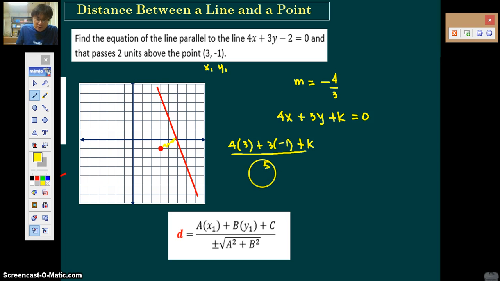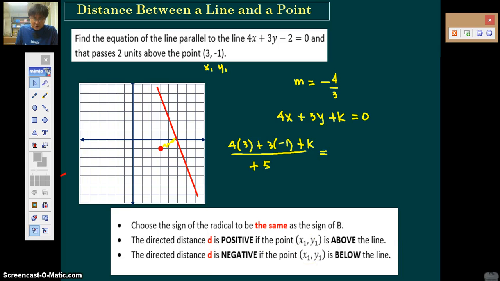Now, an important thing to always remember: the sign of b should be followed, so this should be positive. Now, we set up the right side of the equation equal to the directed distance d. Take note and don't forget that for the directed distance, you should use negative if the point is below the line.